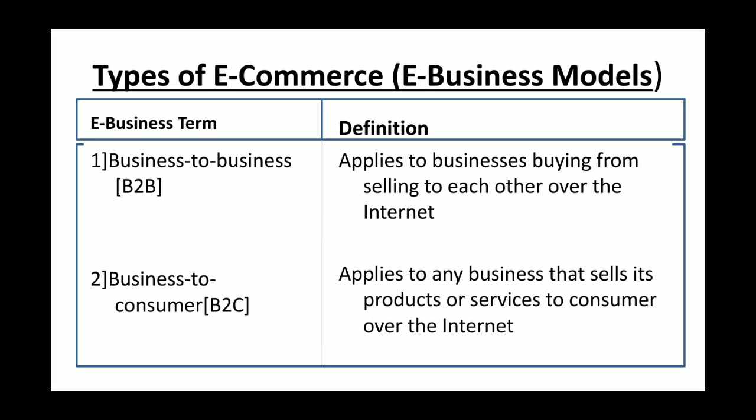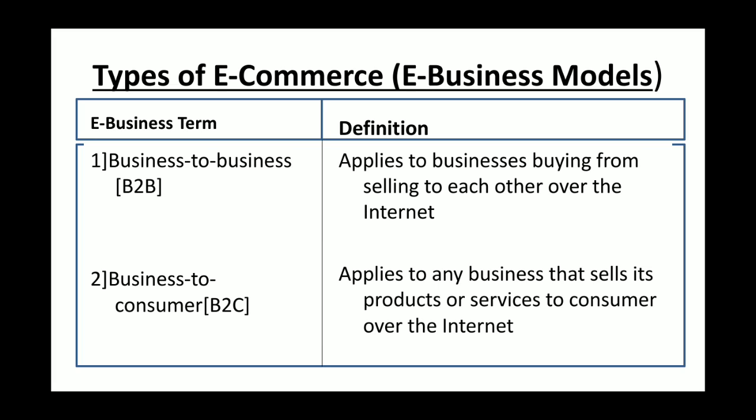E-business term business to business applies to businesses buying from and selling to each other over the internet. Business to business means here you are buying products and everything will be done on the internet. From one side to another side, if you are buying and selling the product, that will be known as business to business.